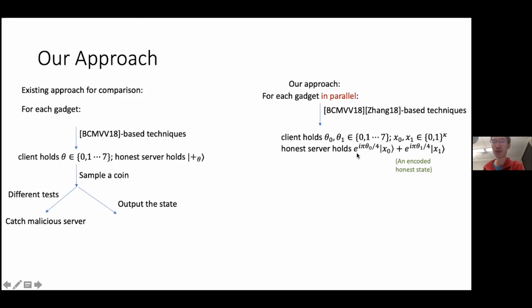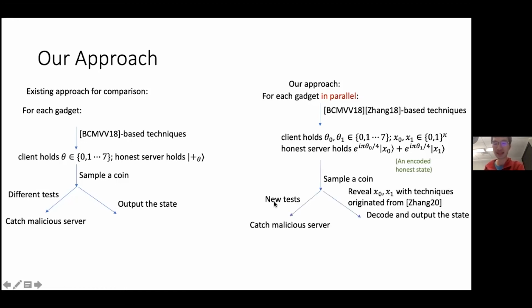But we don't want to allow the server to decode directly. The client will sample a coin starting from this point and either do some tests to catch the malicious server's behavior or reveal X0 and X1 to allow the server to decode the state.